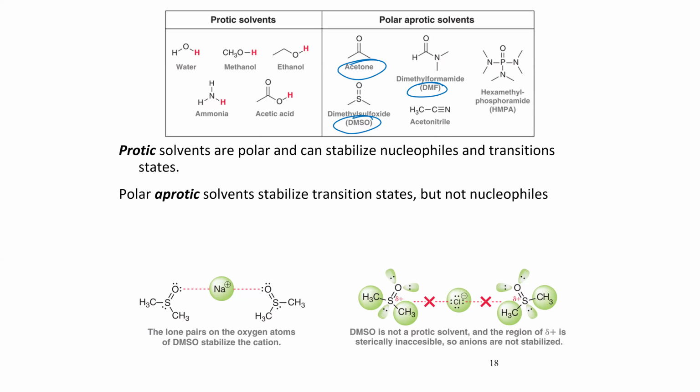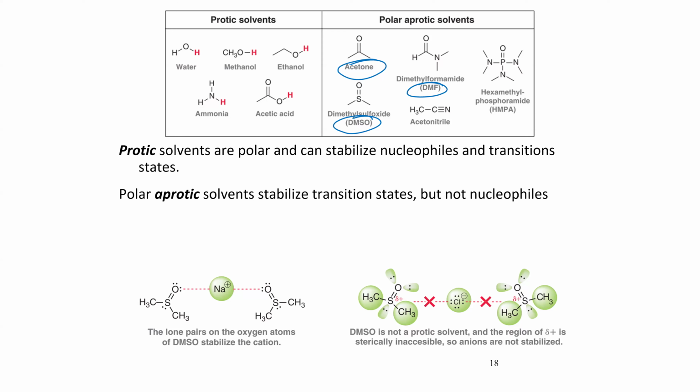So why is the one with the P, the hexamethyl phosphoramide, not? Why is it, so it's just not as commonly used. It is a polar aprotic solvent. It's just that these are the three most common polar aprotic solvents. Even acetone, we have acetone in the lab, we use it all the time, but acetone usually has small amounts of water in it. And also has other side reactions that can happen. So DMSO and DMF are the most common ones.